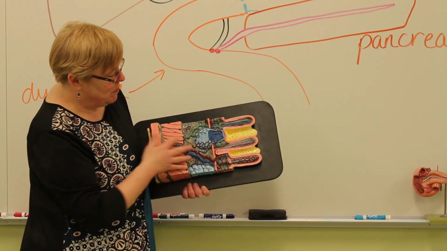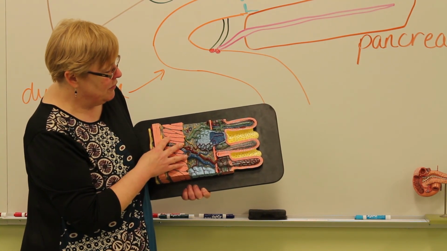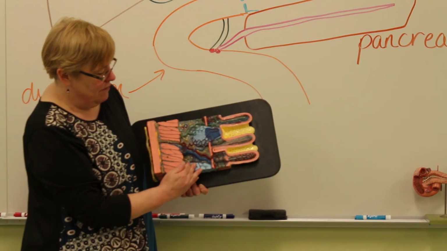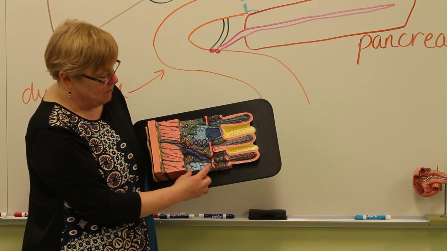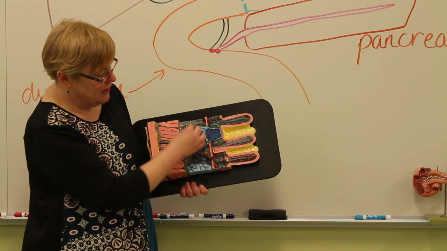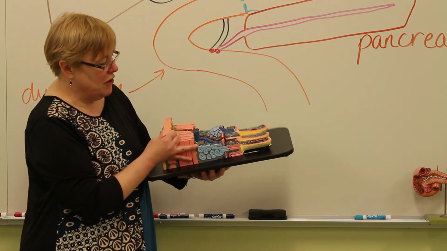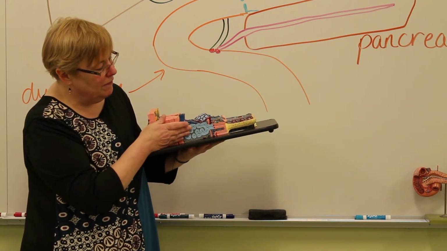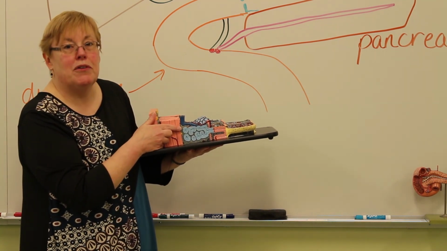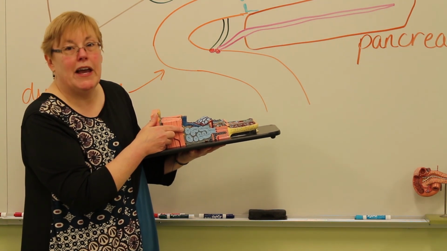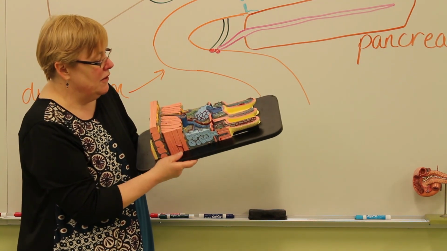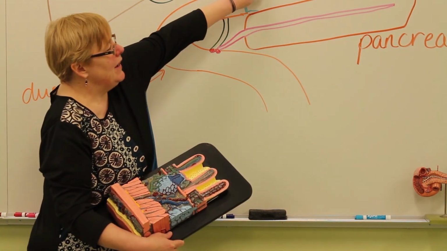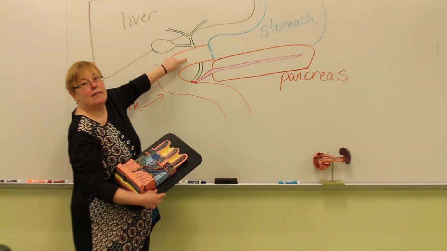This particular model is of the duodenum, and we know that because of the structure of the submucosa, which is this section here. I'm going to turn the model toward you, and you can see there's a blue structure here. This blue structure represents one of the duodenal glands. The duodenum needs these glands because it is receiving chyme from the stomach.